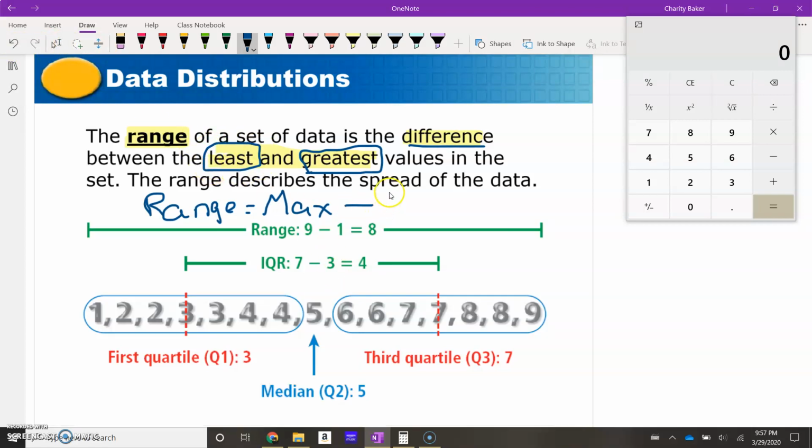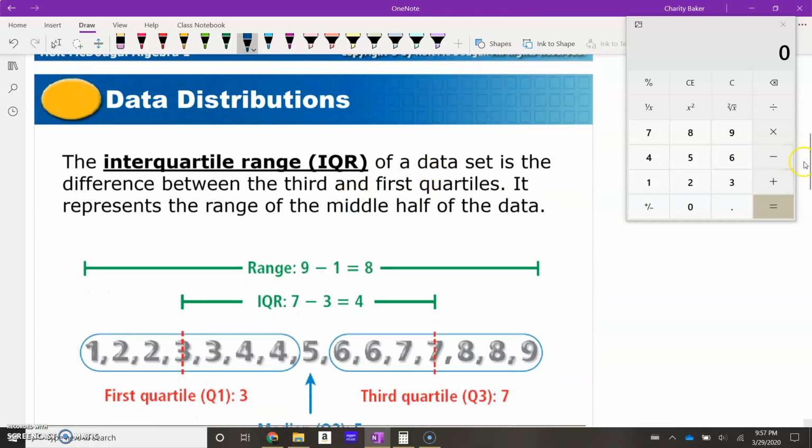Least. Yeah, that's just called the minimum here. So to find the range, you take the maximum number and you subtract the minimum number. So for instance, in this list, the maximum number is 9 and the minimum number is 1. So the range is 9 minus 1, or 8. Okay? That's it.